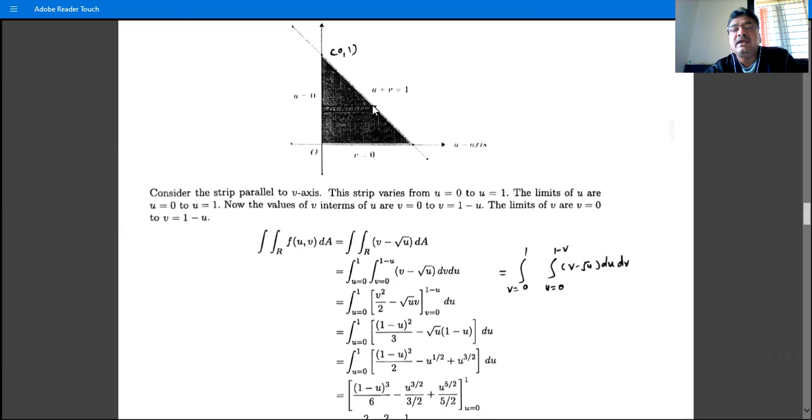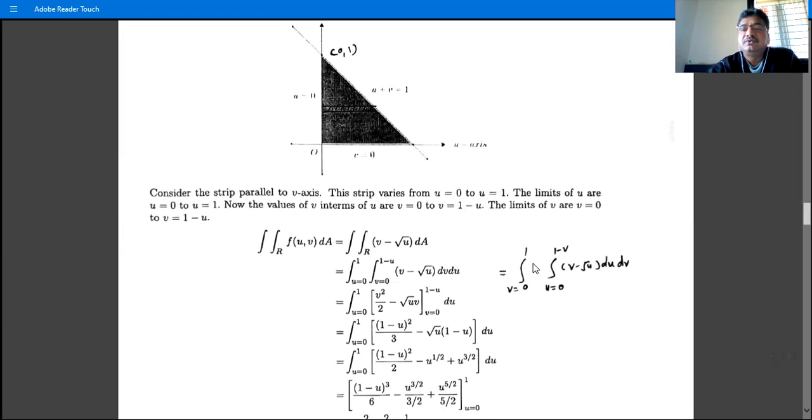Another end touches the line u plus v is equal to 1, so u is 1 minus v is the upper limit. To cover this region, we have to move this strip from this point to this point, so v runs from 0 to 1.